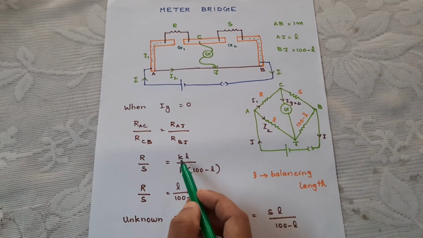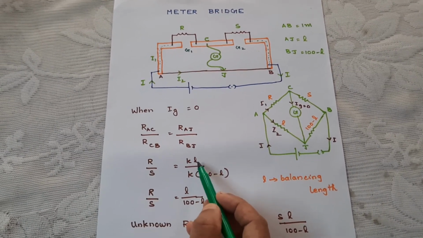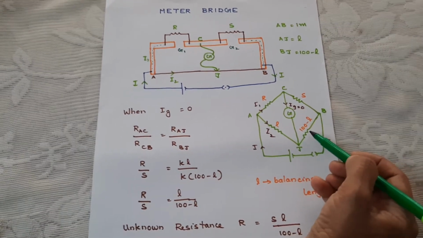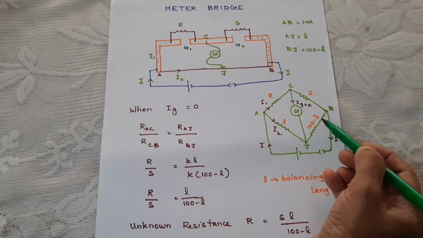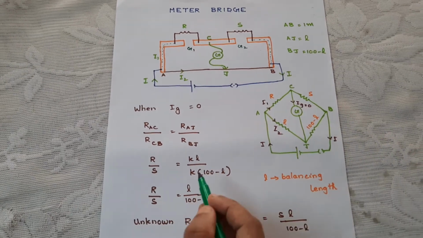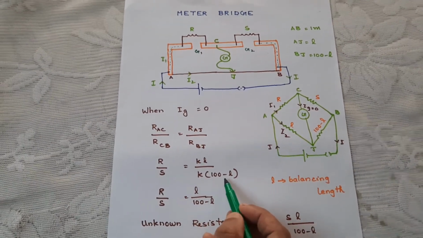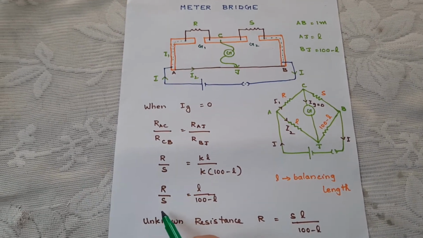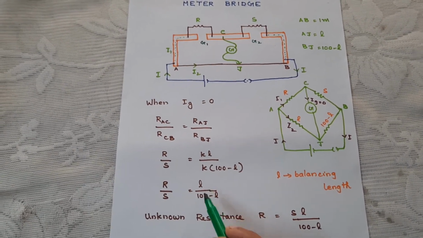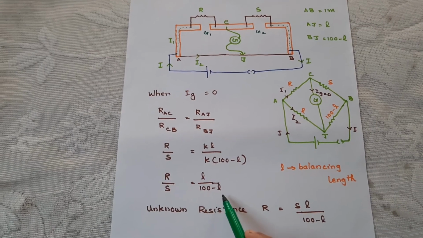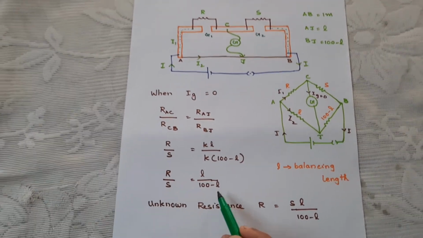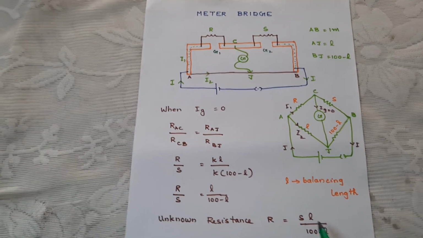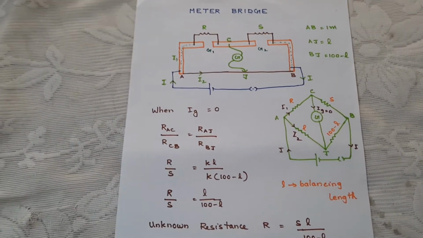So we can write the resistance as a constant K into L. And resistance of BJ, it is directly proportional to the length 100 minus L, so it is equal to constant K into 100 minus L. Therefore, R by S is equal to L by 100 minus L. So the unknown resistance R is equal to SL by 100 minus L.